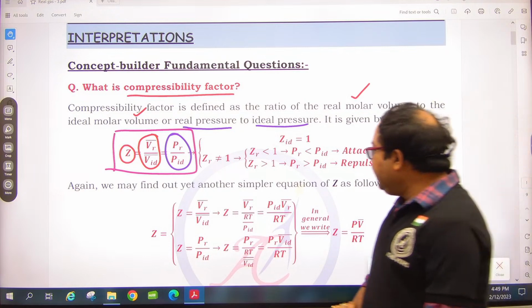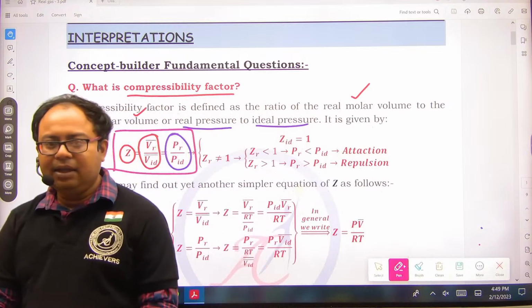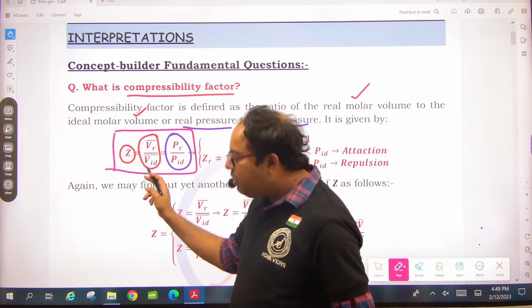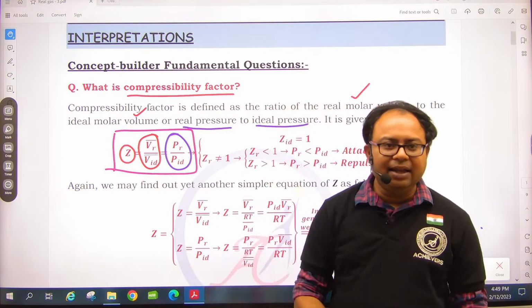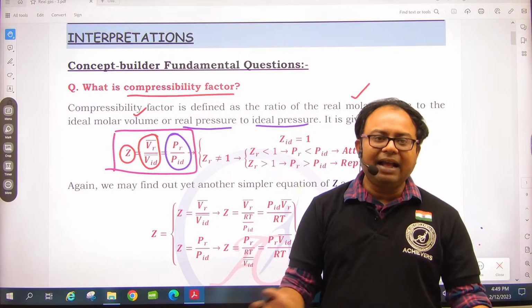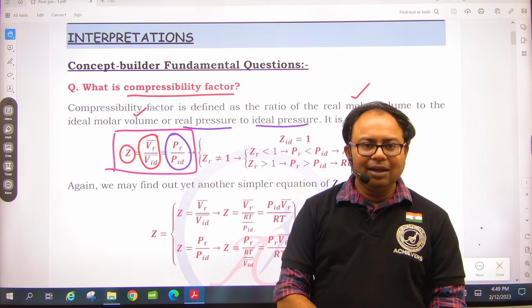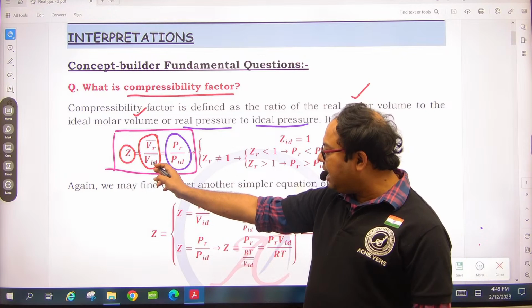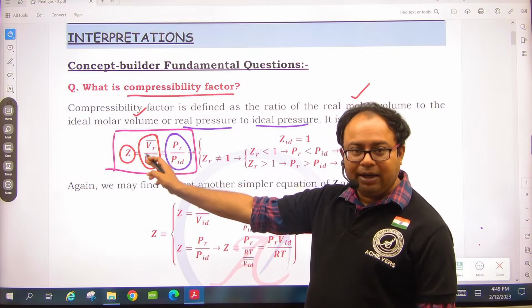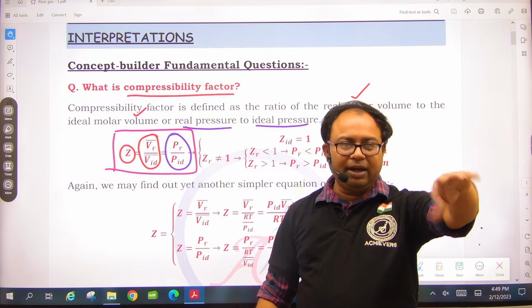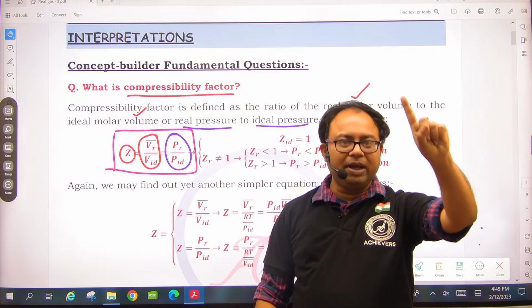Now, in case of ideal gas, we always have V real equal to V ideal. If the gas is ideal, then V R is equal to V ID. Then V bar ID is in the numerator and V bar ID is in the denominator, so both numerator and denominator are the same. So Z should be equal to 1.